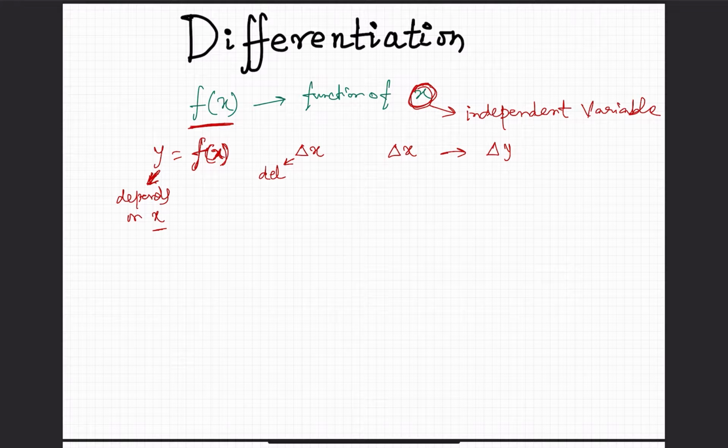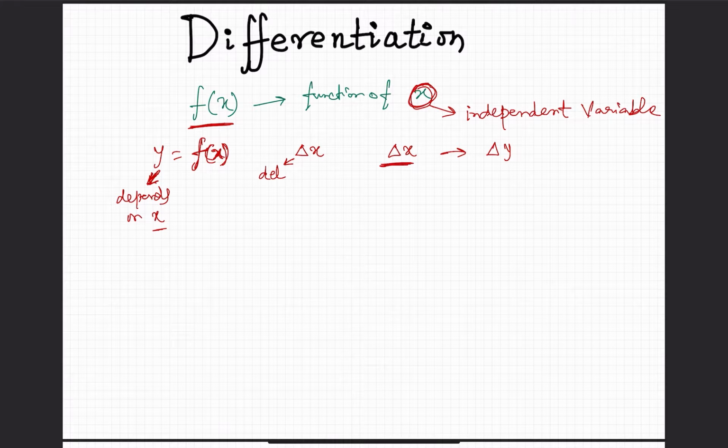This change can be of any value. It can be infinitesimally small, it can be infinitely large. But in the case of differentiation, how do we define this del x?